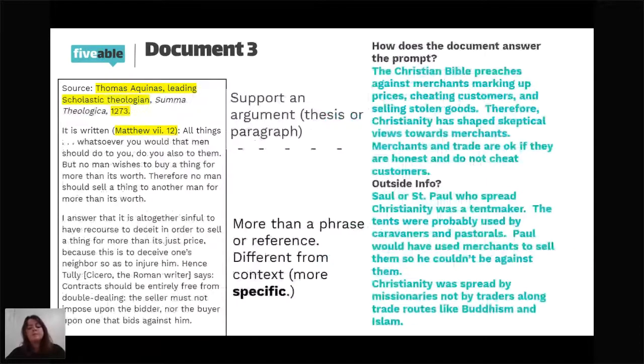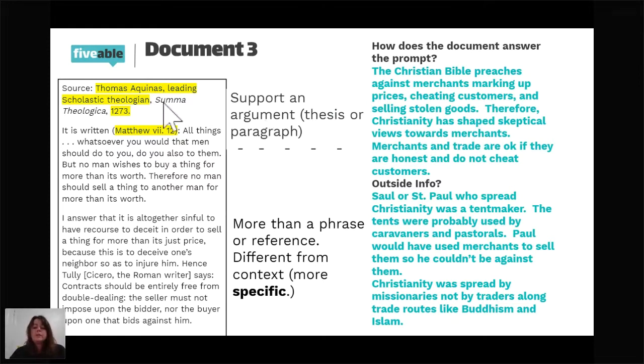Okay, so how do we support our argument or thesis? So how does the document answer the prompt? So I would write something like, the Christian Bible preaches against merchants marking up prices, cheating customers, and selling stolen goods. Therefore, Christianity has shaped skeptical views towards merchants. But merchants and trade are okay if they are honest and do not cheat customers. So I'm getting that all in there.